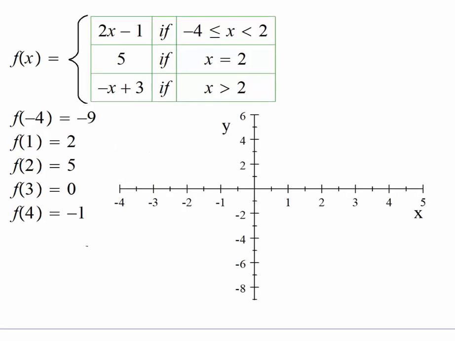So let us graph the line. So you can see that f at -4 is -9. And f at 1 is 2. So if we graph this line, wait a minute, because the y-intercept is not matching here, because if x is 0, it should be -1. So we should be crossing here.